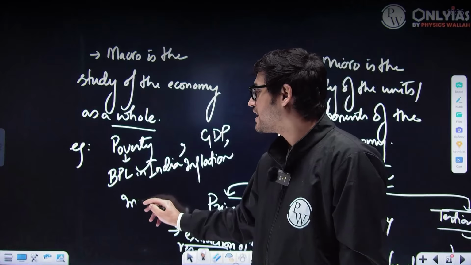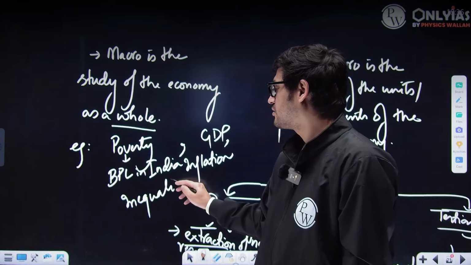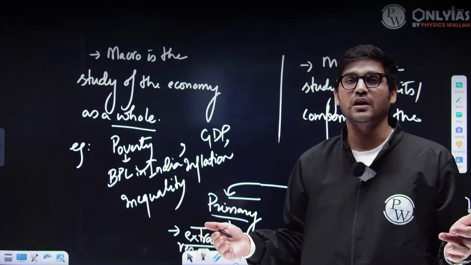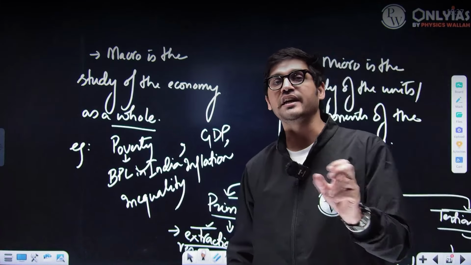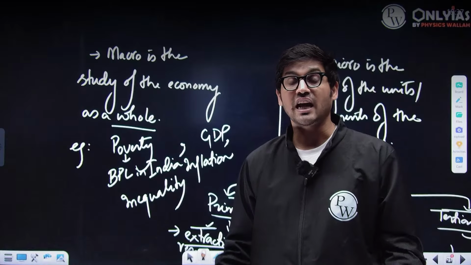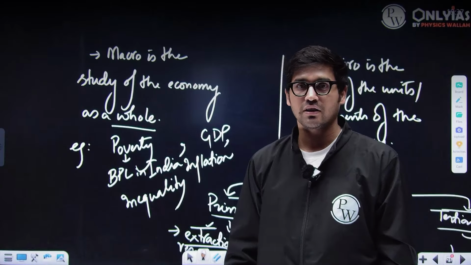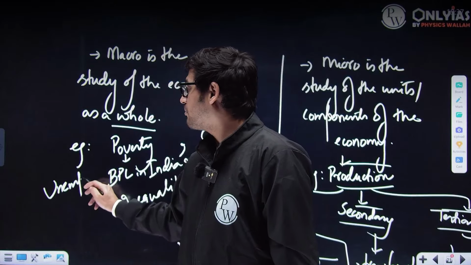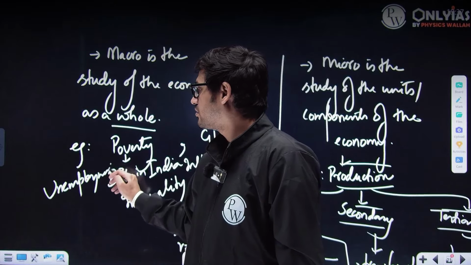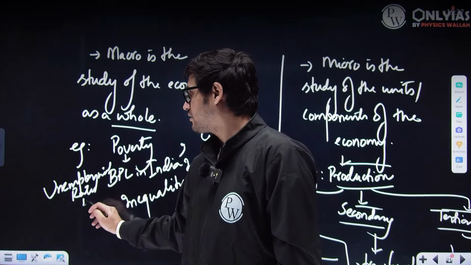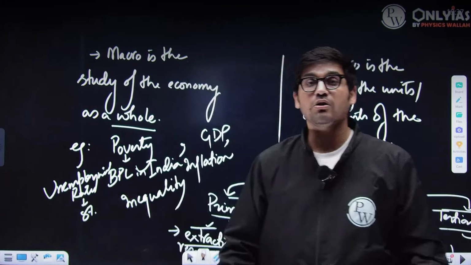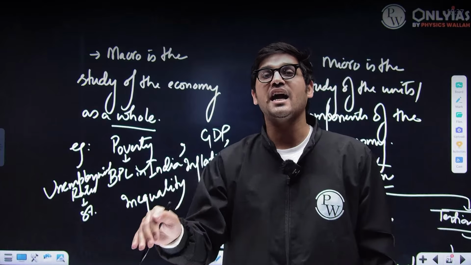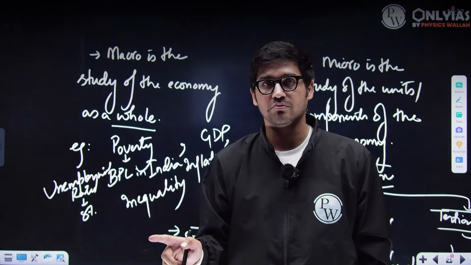If I am talking inequality, if I am saying 10% of India's richest people hold 80% of India's wealth, then I am talking macroeconomy. If I am saying in India the unemployment rate is 8%, I am talking about the unemployment rate of the entire economy. So I am talking macroeconomics.